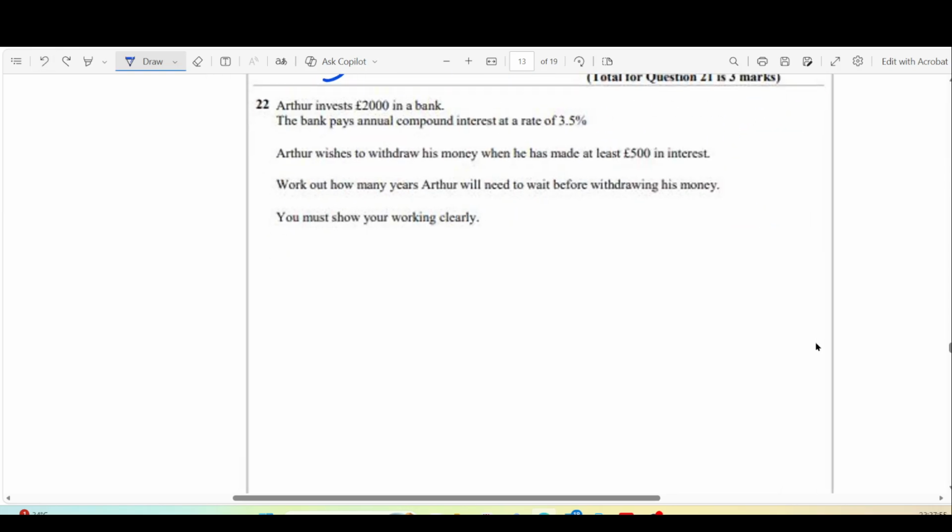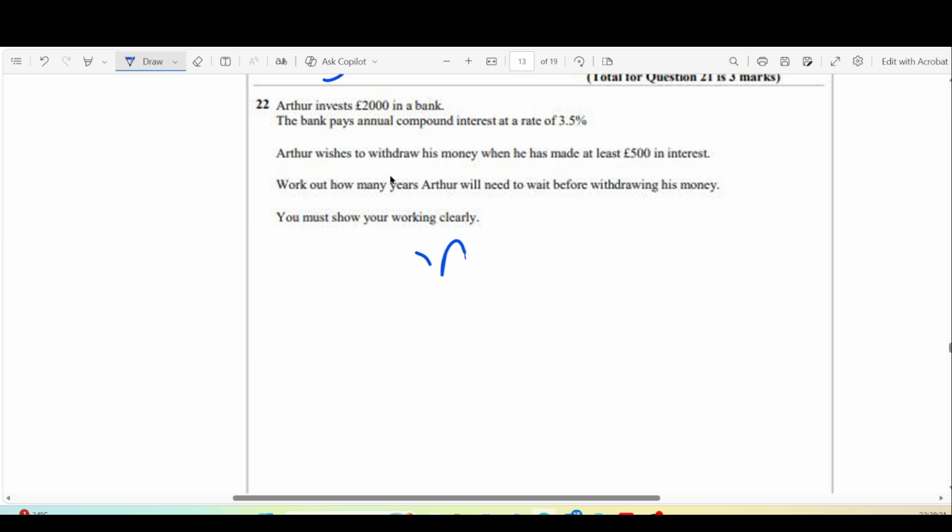Now we have this question on interest, I think. Yeah. So Arthur invests 2000 euros in a bank, and the bank pays compound interest, and he wishes to withdraw when he has made at least 500 euros in interest. So what we have to find is how many years he will need to wait before withdrawing his money.